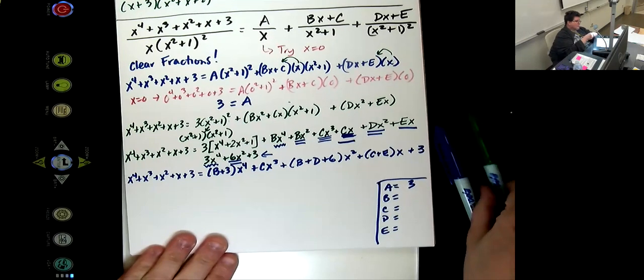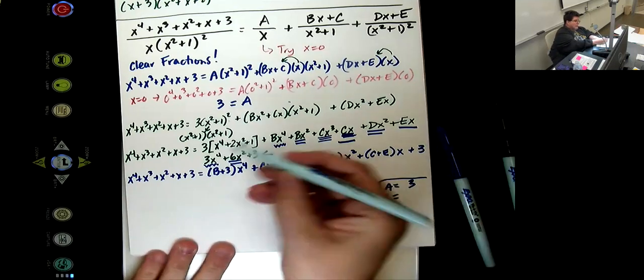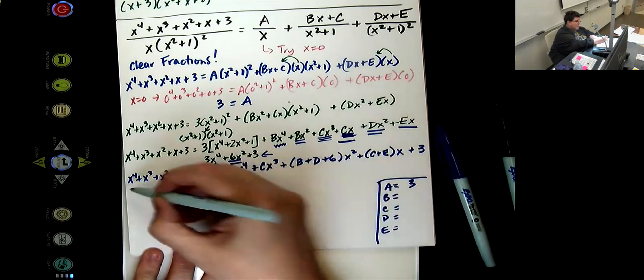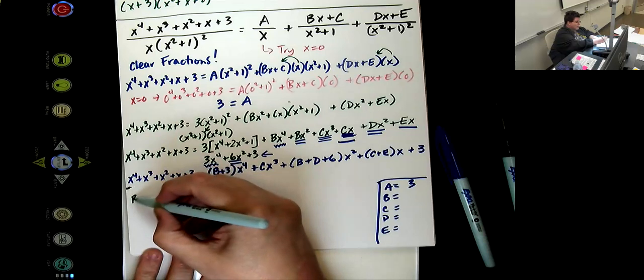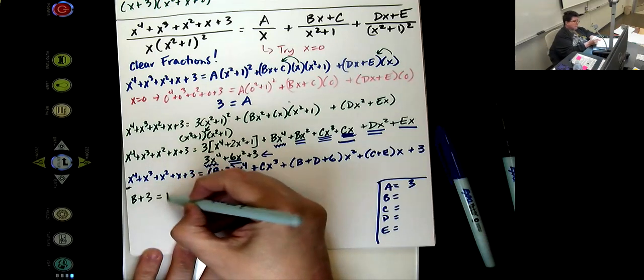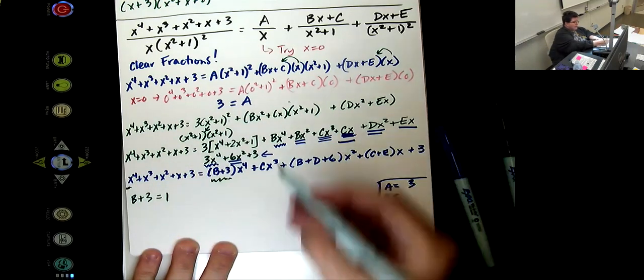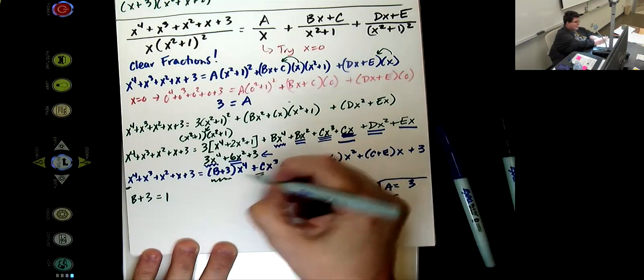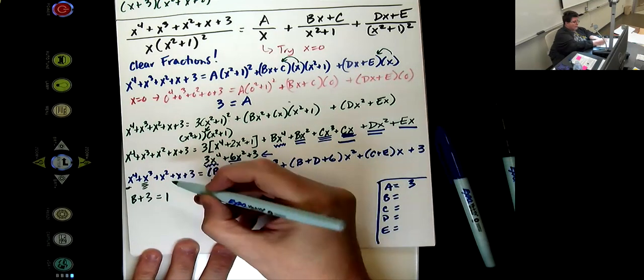Finally, match up coefficients. B plus 3 has to match up with 1. C has to match up with 1.